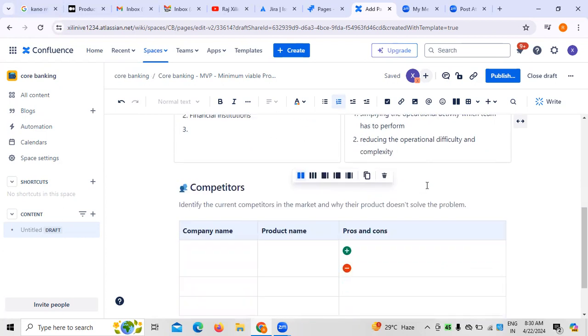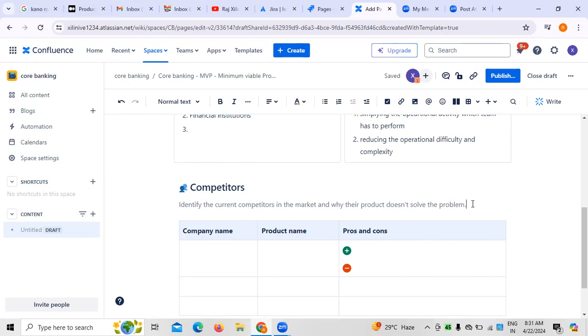Next, we need to identify the current competitors in the market. This is competitor analysis. When we are developing a core banking application, we have to make sure who our competitors in the market are. Again, it depends on the targeted market. Are we planning for the domestic market, or are we targeting the national or international market?